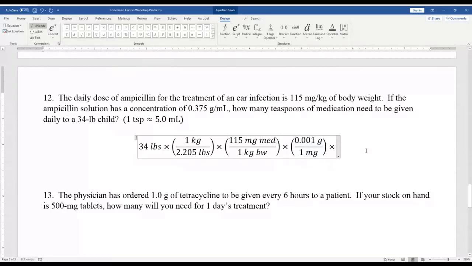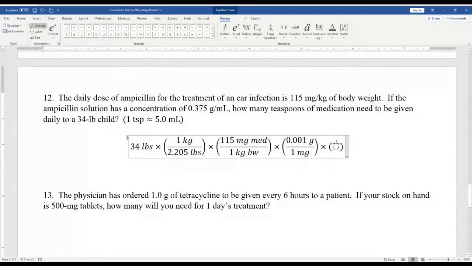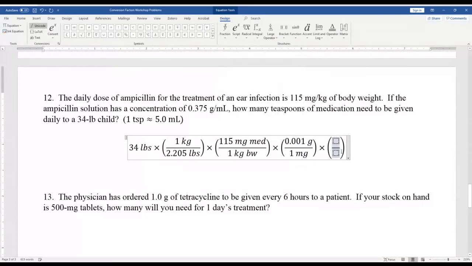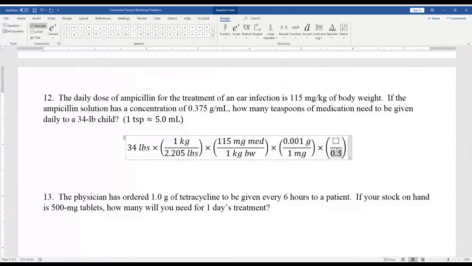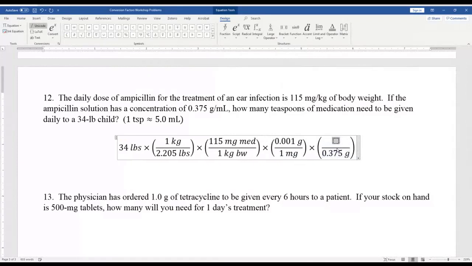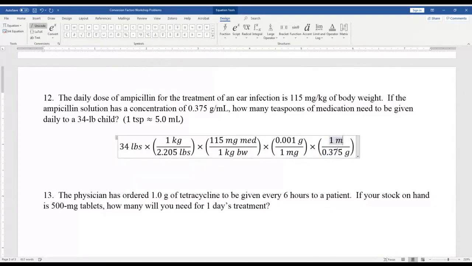All right, let's go with the next one. We can convert grams to what? Yep, milliliters. Very good. So 0.375 grams is equal to 1 milliliter.